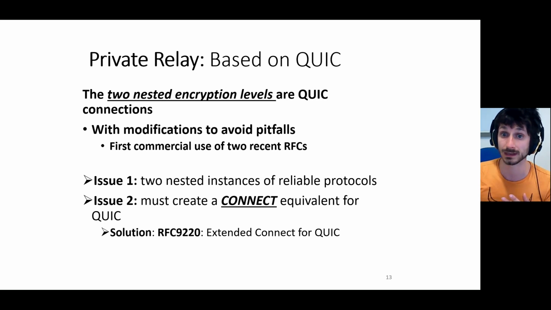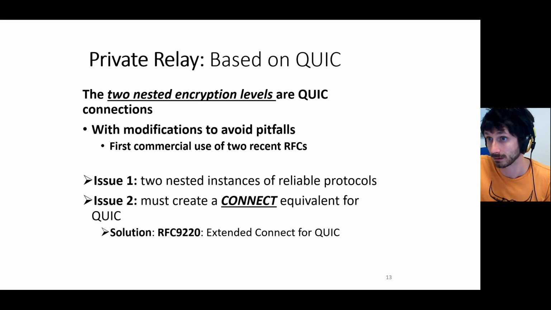The second issue is that you must extend the classical HTTP CONNECT to work with QUIC and UDP. The second issue has been easily solved by this new RFC that designed the extended CONNECT for QUIC, and this is the first use of this extended CONNECT.